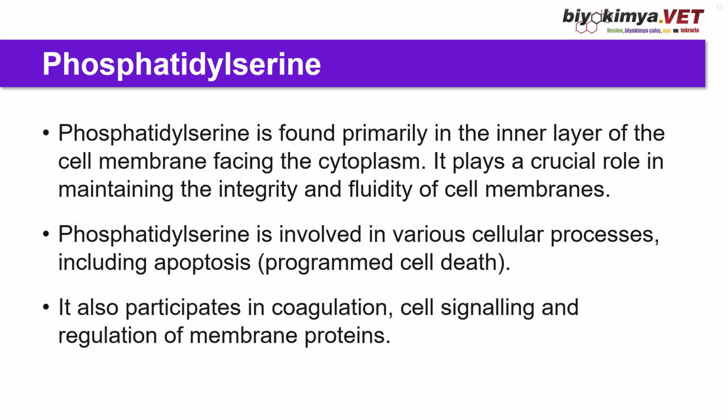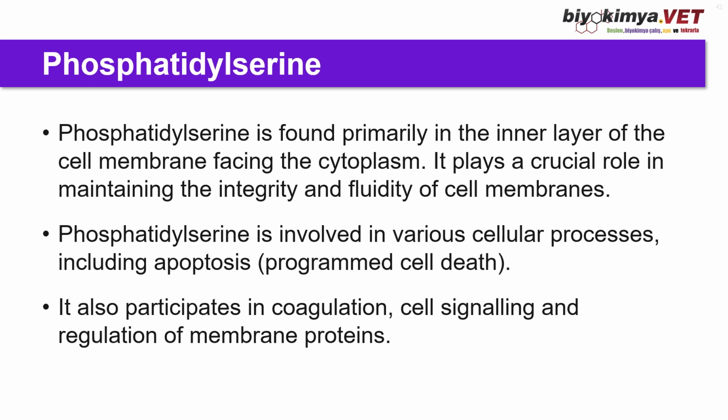It also participates in coagulation, cell signaling, and regulation of membrane processes. And phosphatidylserine is involved in the coagulation cascade by providing a surface for the aggregation and activation of clotting factors. And this process is essential for the formation of blood clots, a protective mechanism to prevent excessive bleeding.